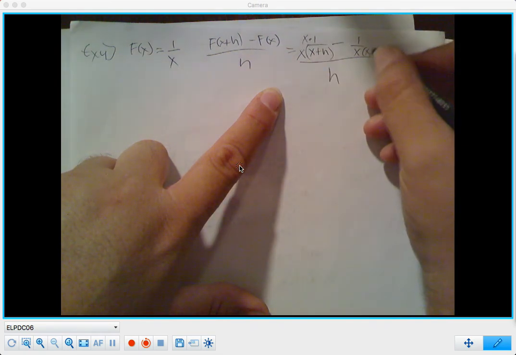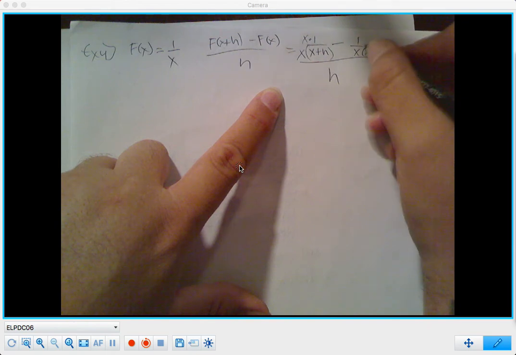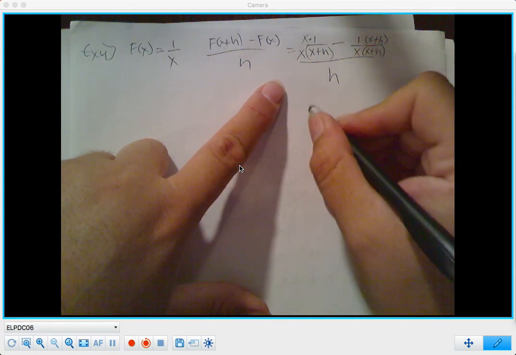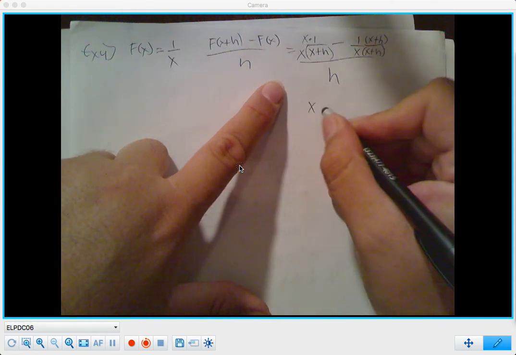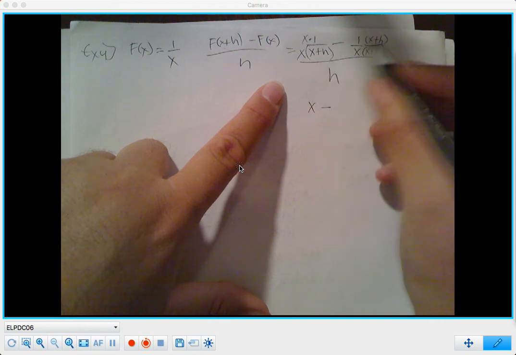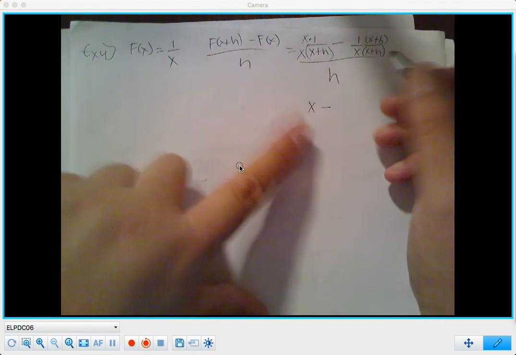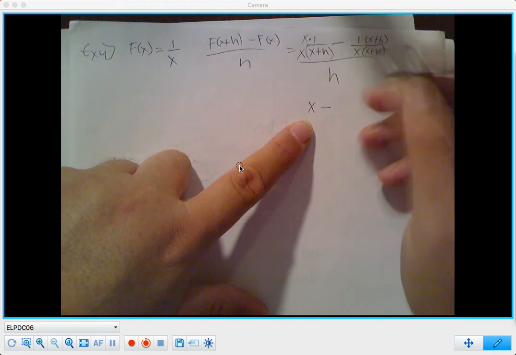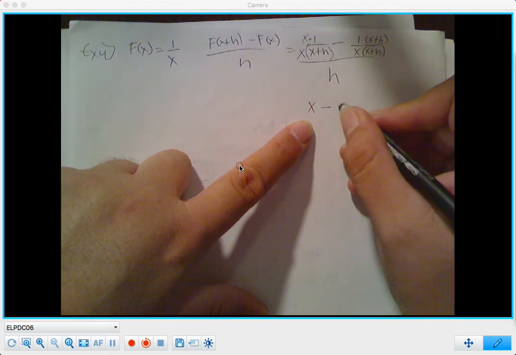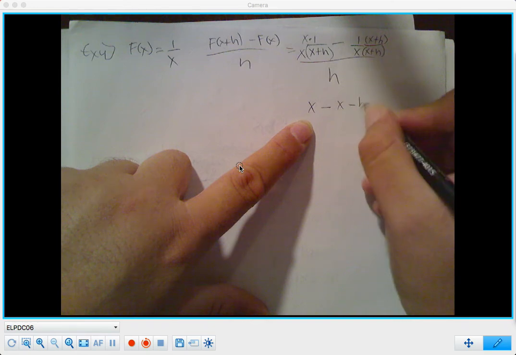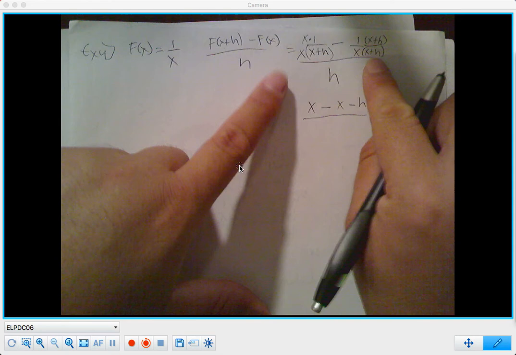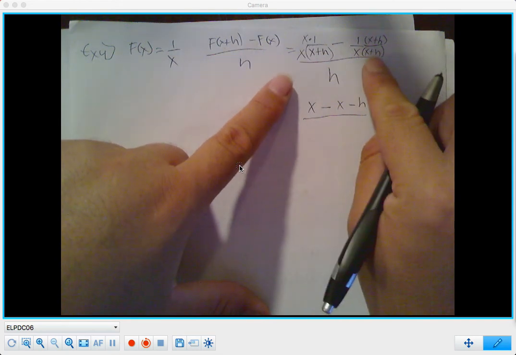So I have x plus h, and again, whatever you do to the bottom, you do to the top. So now this becomes x at the top minus, when you multiply this, the negative is going to be negative x, negative h, and then you can put the denominators together because they have the same denominator.